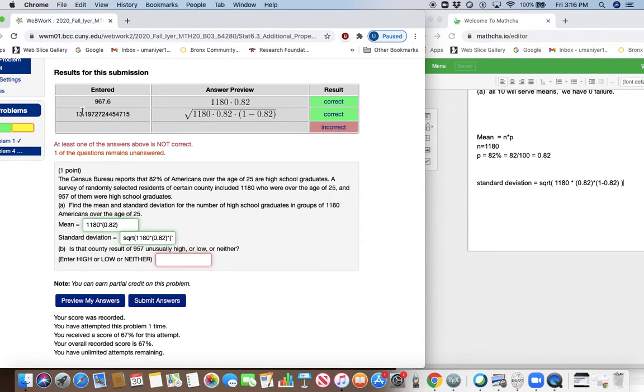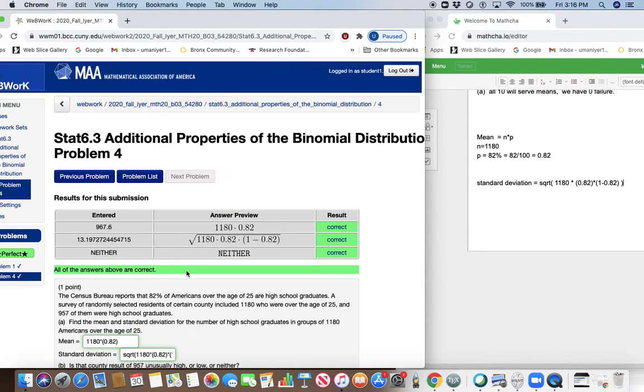I am allowed a standard deviation of 13. So 10 is within my allowed deviation. So a difference of 10 is neither very high nor very low. So I would say neither in capital case. All right. And that's correct.